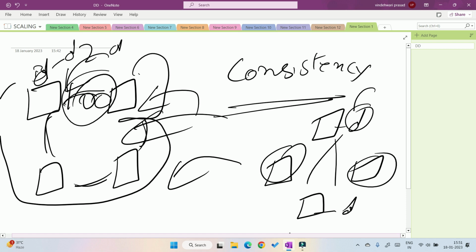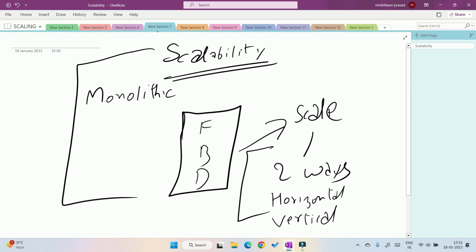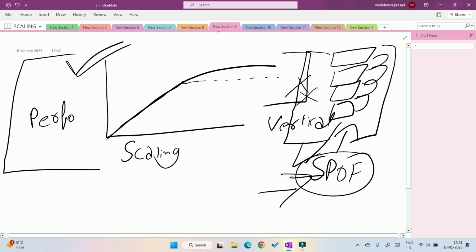I hope you understand from this point of view that scalability in monolithic happens with the help of two different techniques, horizontal and vertical. In vertical, we just increase the capacity of the machine by adding more and more configuration, but here single point of failure is a very big issue, and after a certain point scaling is very expensive.